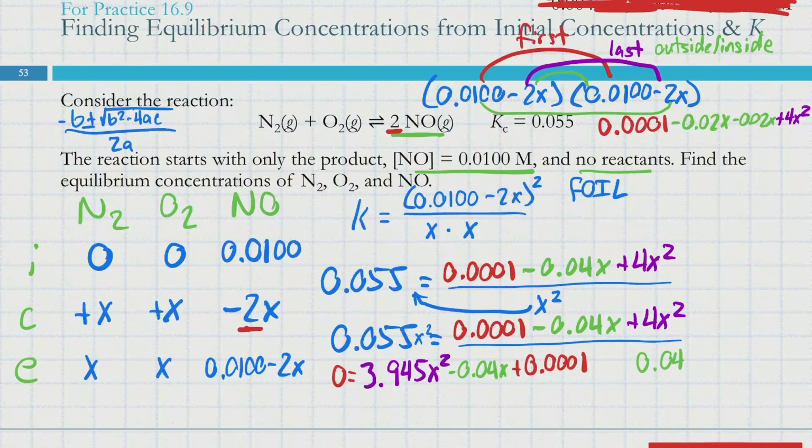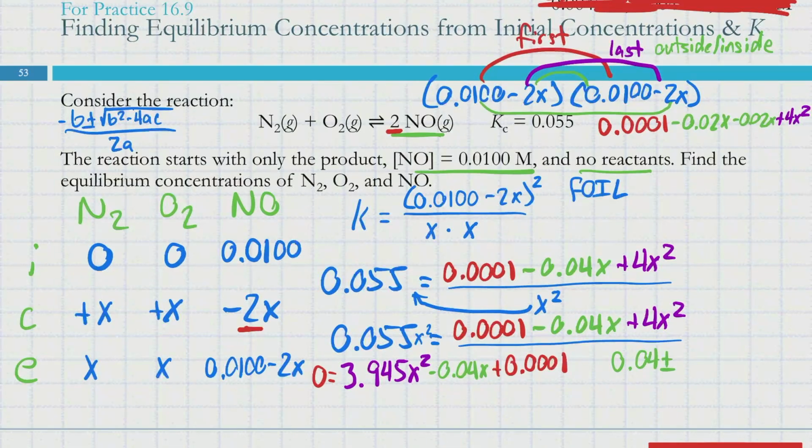So 0.04 plus or minus the square root of negative 0.04 squared minus, part of our equation, 4 times 3.945 times 0.0001, all over 2, which is part of our equation, times 3.945.